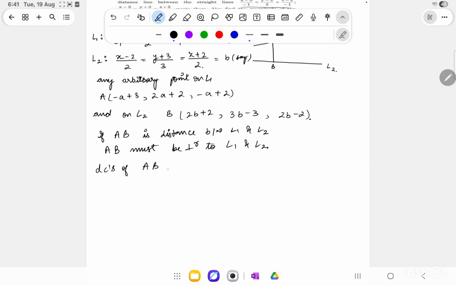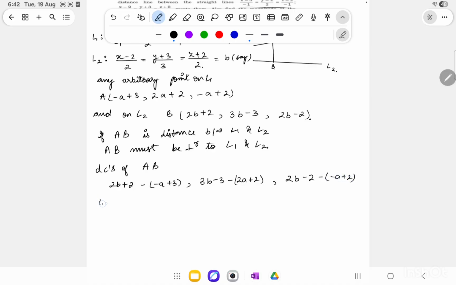So my direction ratios of AB will be 2b plus 2 minus (minus a plus 3), 3b minus 3 minus (2a plus 2) and 2b minus 2 minus (minus a plus 2).